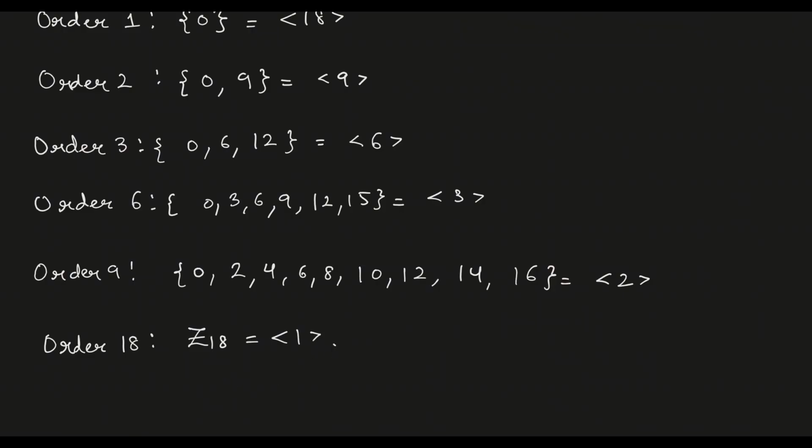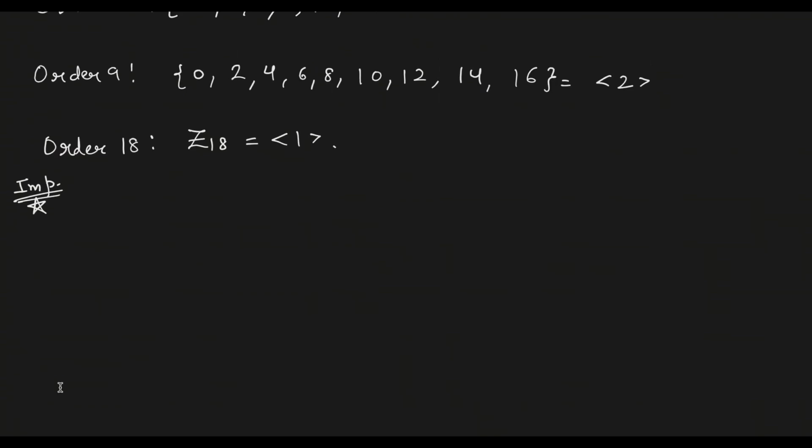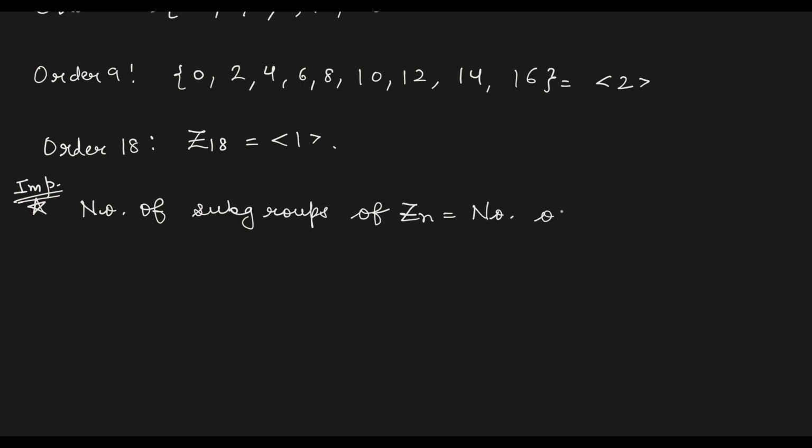Next is an important concept. How to find the number of subgroups of Zn. This is equal to the number of positive divisors of n.